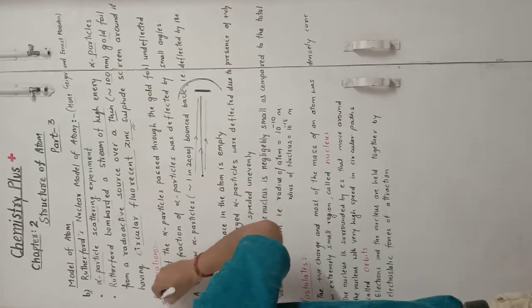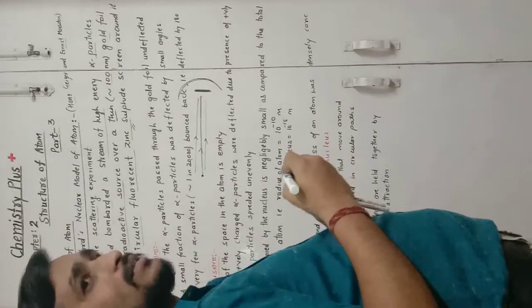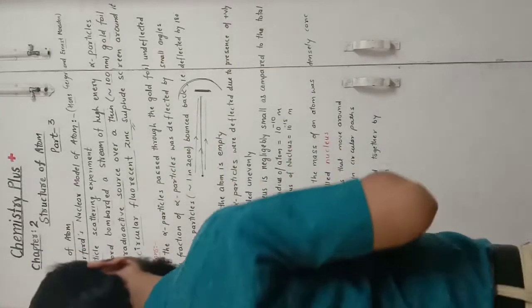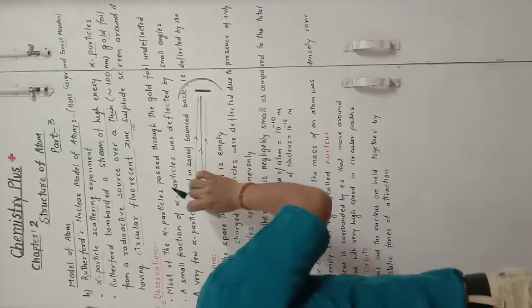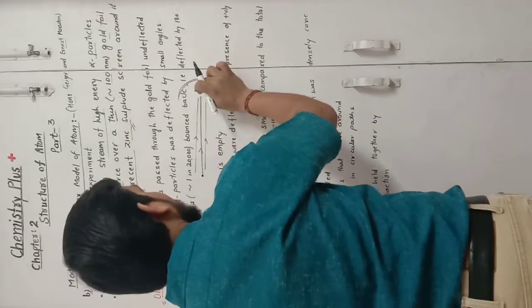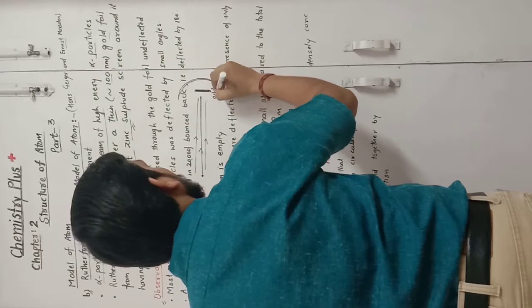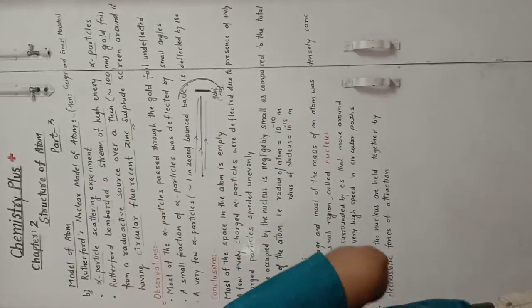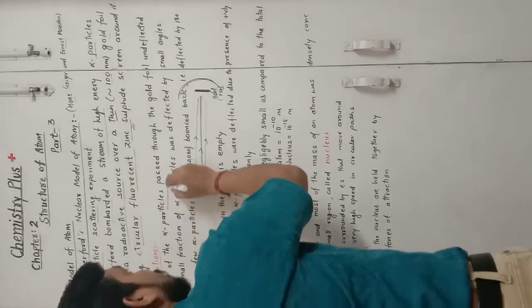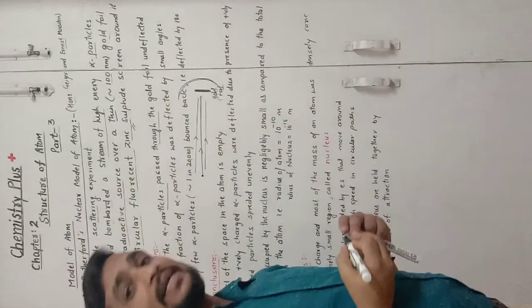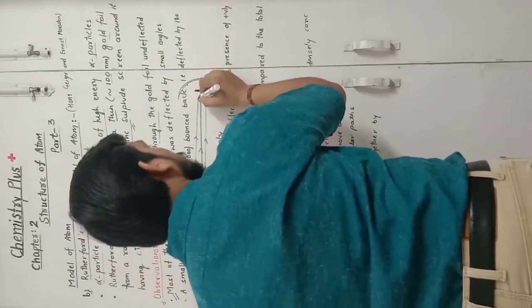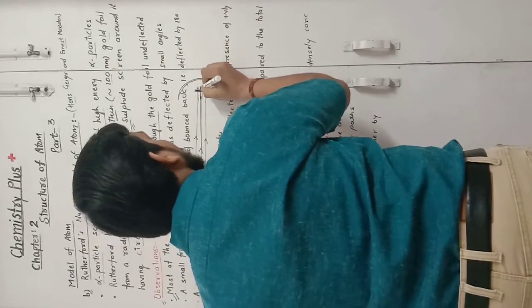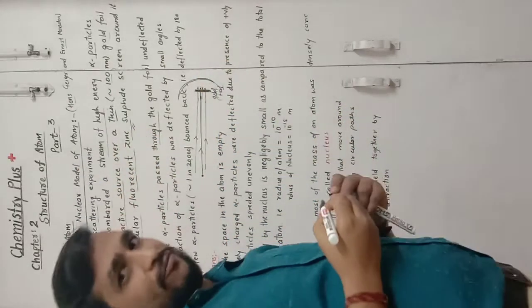The observations of this alpha particle scattering experiment are as follows. The very first is that whenever the alpha particles strike this gold foil with very high speed, most of the alpha particles pass through the gold foil undeflected, which means most of the particles pass as they are without showing any deflection.